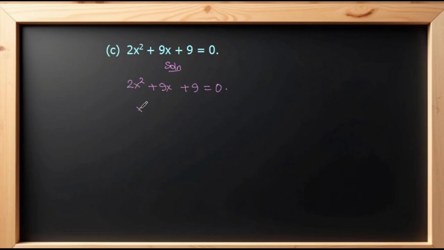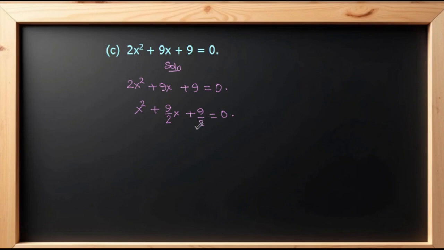So when you divide the first term here by 2, you will be left with x squared. Then the second term by 2, we shall get here 9 all over 2 x, then plus 9 also by 2, we have 9 over 2 equals 0.